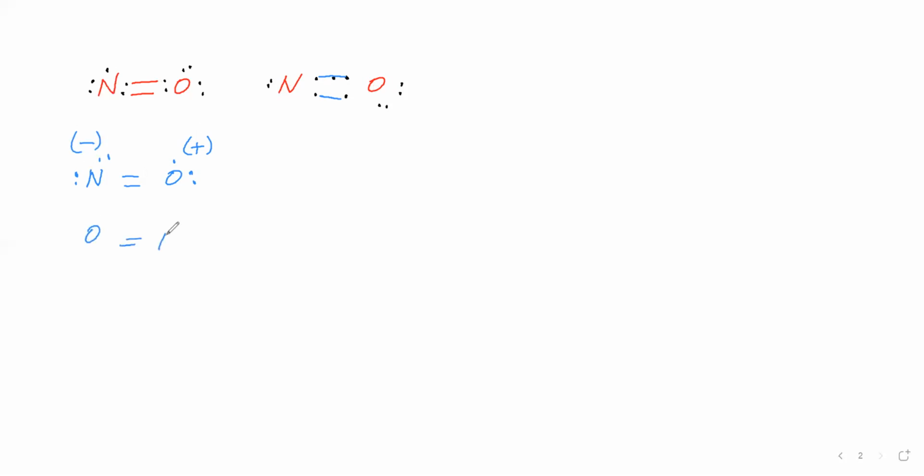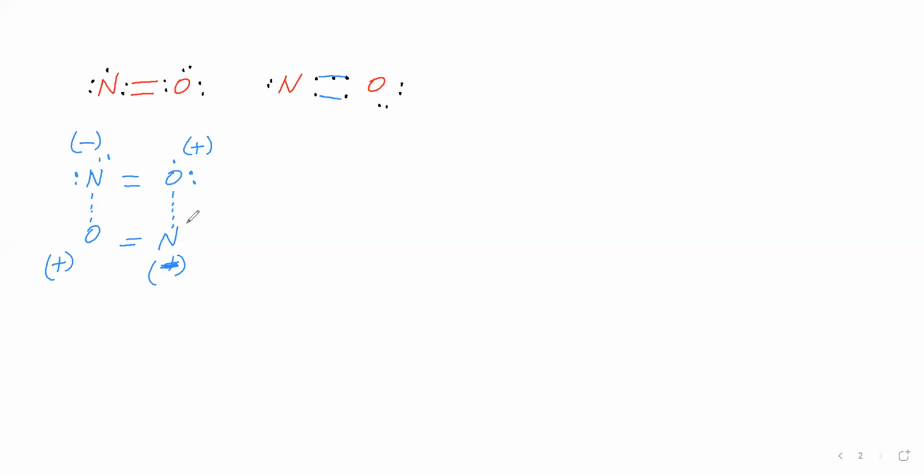Another NO will take minus charge here, plus charge here. Therefore, attraction takes place. That means it forms a dimer. Loose dimers are possible. Like this, dimerization is possible in the liquid state. Therefore, it is diamagnetic. In the liquid state, NO exists as this dimer.